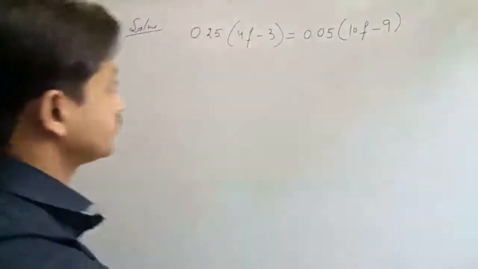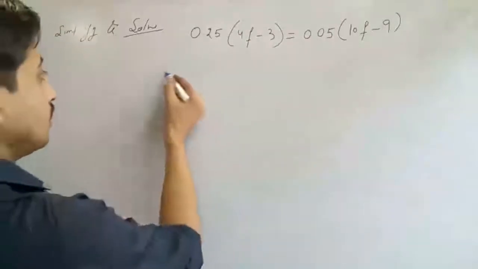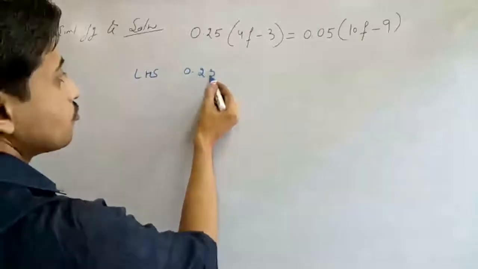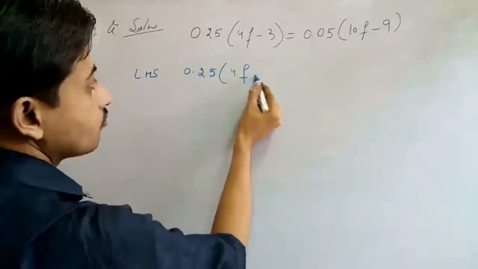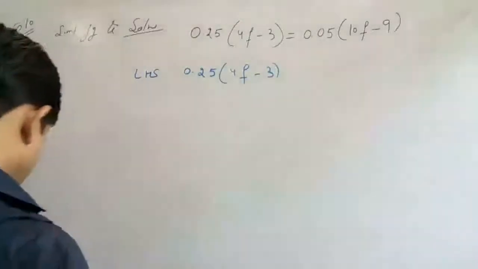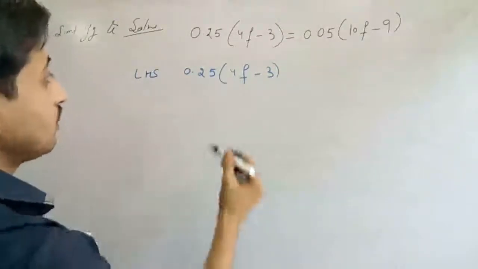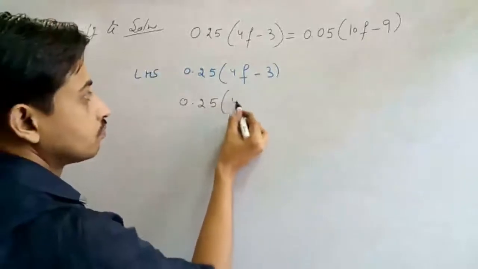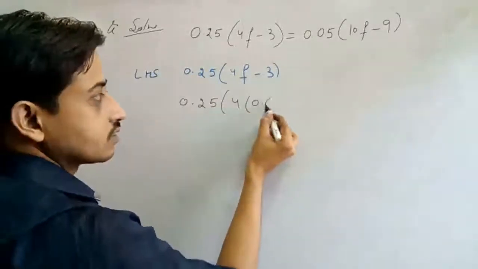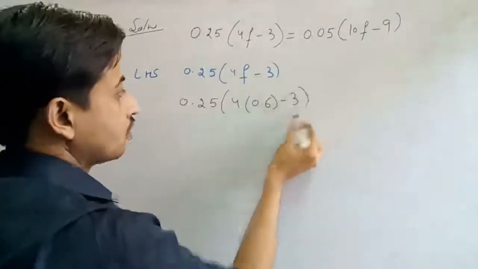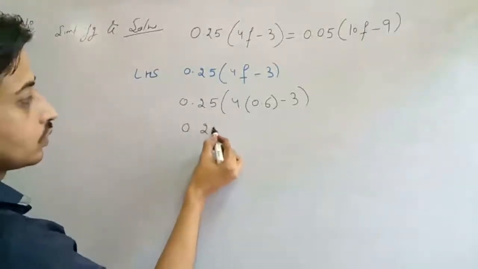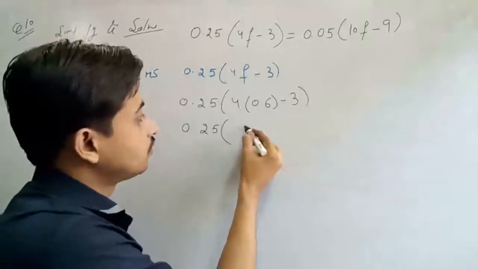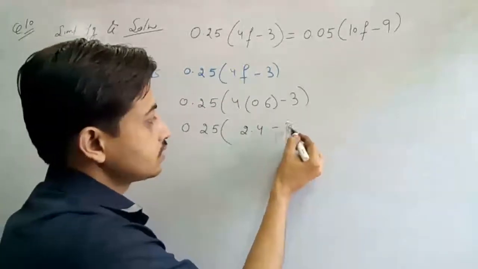Now do its verification. Left hand side is what? 0.25 into 4 into f minus 3, and solve it. What is the value of f? 0.6. 0.25 multiplied by 4 into 0.6, we get 2.4, minus 3.